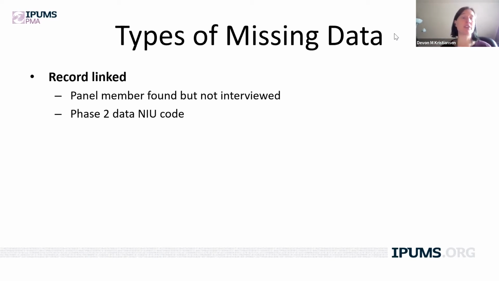There is a record in the phase 2 file, and we're able to link her record by her identifier. So in this case, what you'd see in the IPUMS data is that she would have an NIU code, so she's no longer in universe.